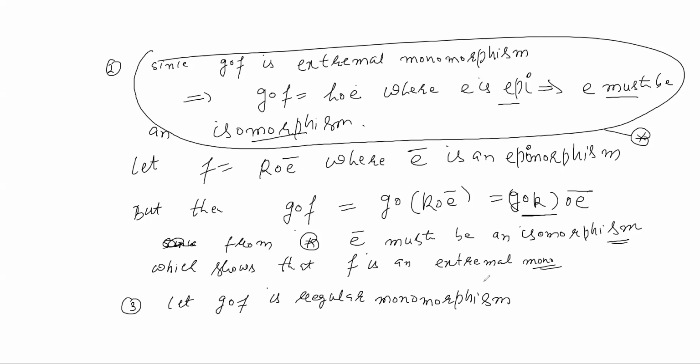That means G composition F is an equalizer of some pair of morphisms, say R and S. So you have this set of situation: from A to B you have F, B to C you have G, and C to D, the pair of morphisms which are being equalized by G composition F is R and S.